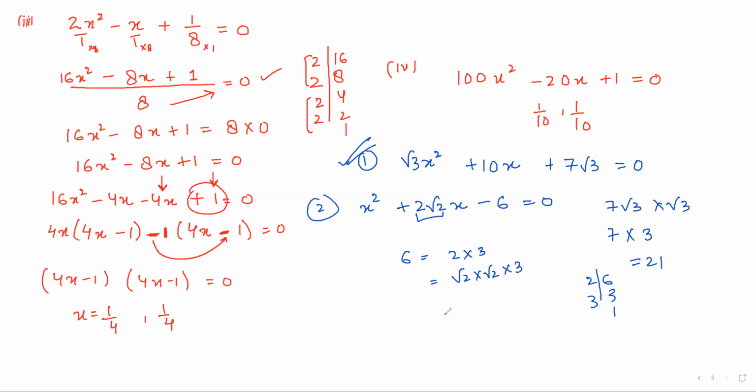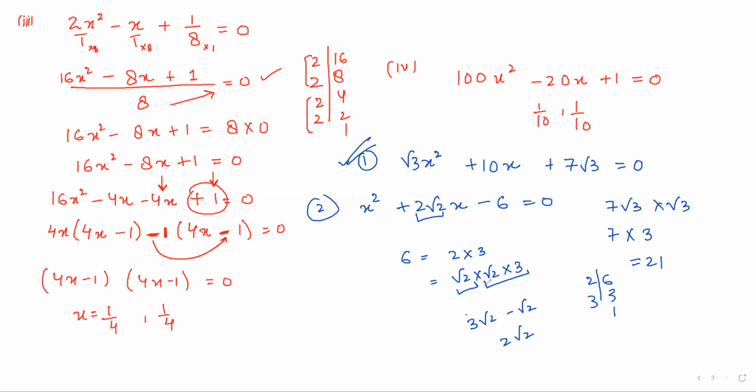So can I take this combination and this combination? Because ultimately it's 2 into 3. And you can see that 3 root 2 minus under root 2, so 3 minus 1, you are getting 2 under root 2, isn't it? Yes, ma'am. So 3 under root 2 minus under root 2 gives you 2 under root 2.